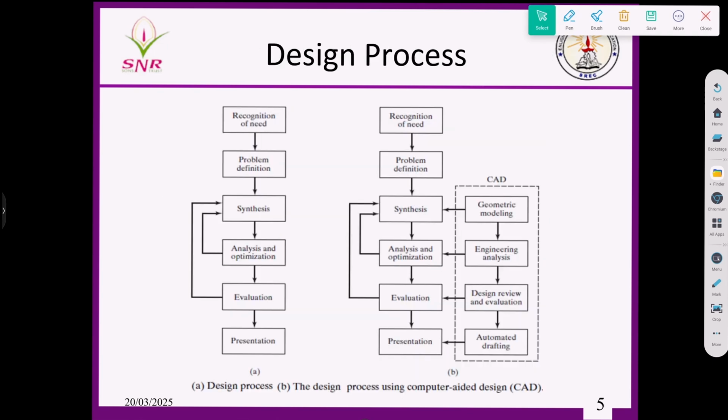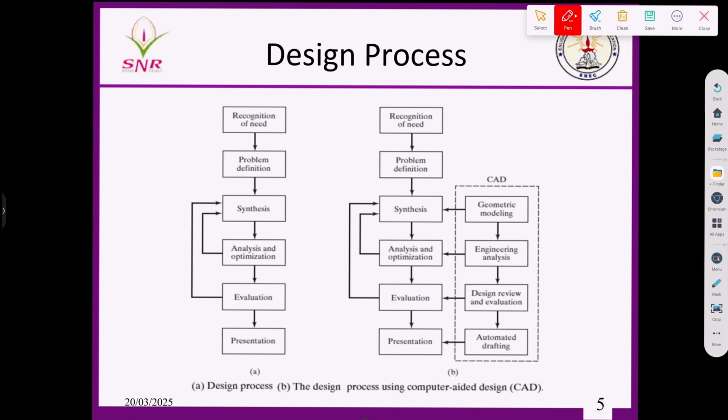Coming to the design process, all the products available in the market have to be designed by a few people, and made available for the consumer for their usage. Here we can find two images. The first image, the design process, clearly depicts the conventional design process used in industries.